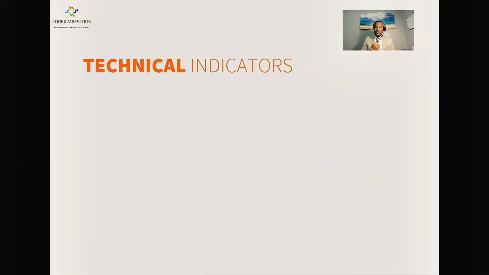Let's go to technical indicators. Now, some people have said indicators are lagging. Indicators are this, indicators are that. Can I tell you something? Everything is an indicator. And if you think all indicators lag, it means you have not done your study.